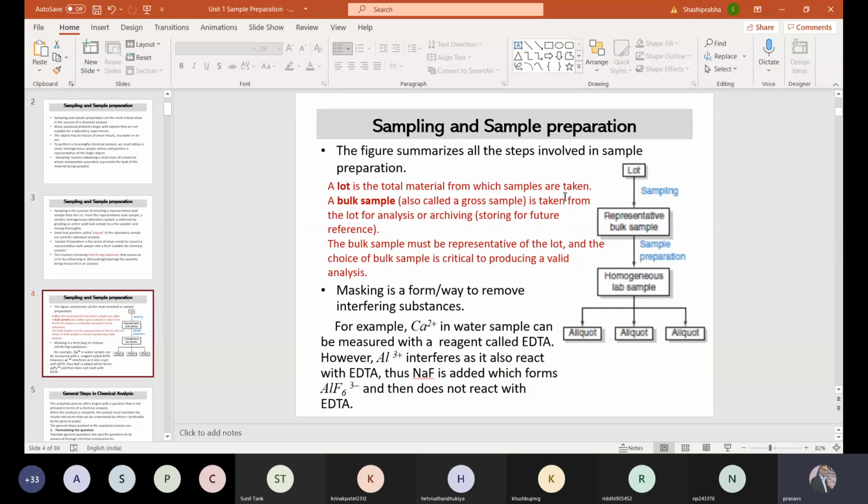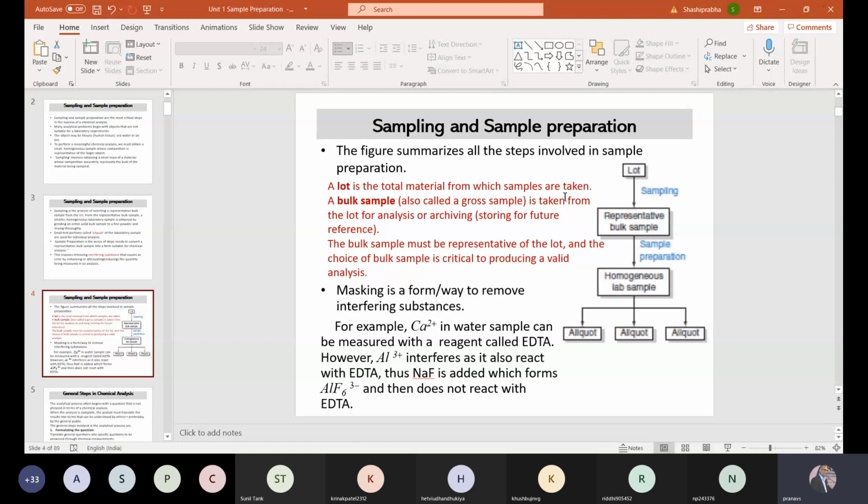And that is where the work of the analyst comes in. With his knowledge, with his experience, he can modify existing methods or develop new methods which are suitable for his or her specific sample.